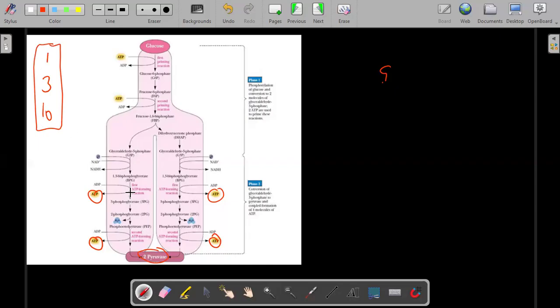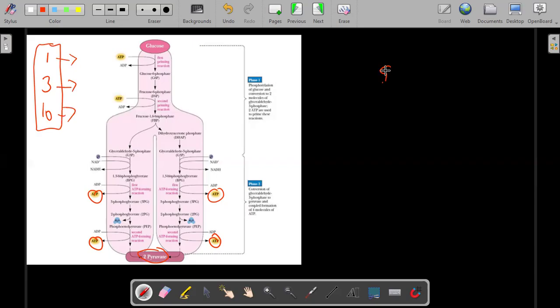Yes, other enzymes can also be targeted, but these are actually the main regulatory enzymes for your glycolysis pathway. Okay, so make sure you know the enzymes that are working on these steps. These are 3 steps, whether you like it or not. Okay, so you won't do biochemistry without knowing these enzymes that are going to be working on these steps. Okay, so let's continue with the pathway.